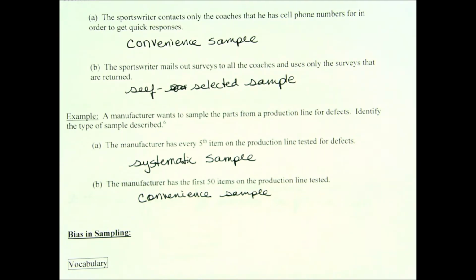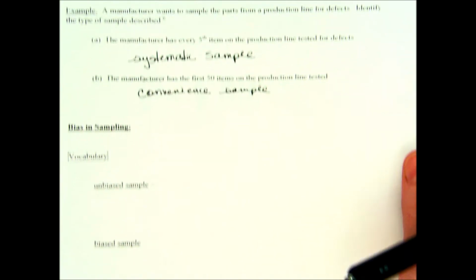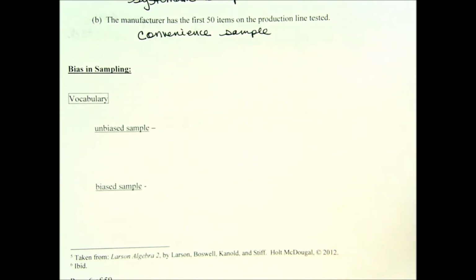Well, I haven't yet used these two words, but they're very important when we consider creating a sample. And this is the idea of making sure that a sample is unbiased, as opposed to a sample being biased.